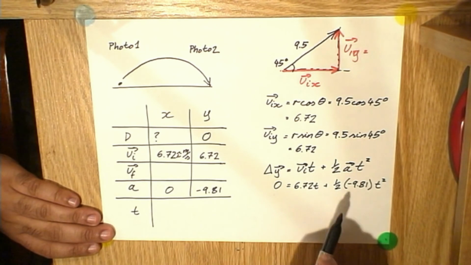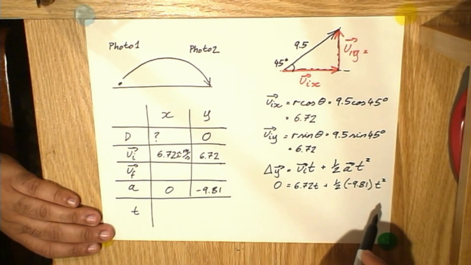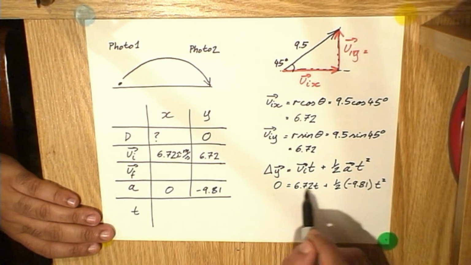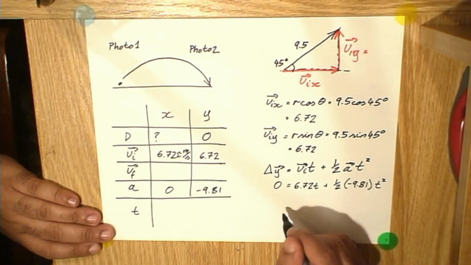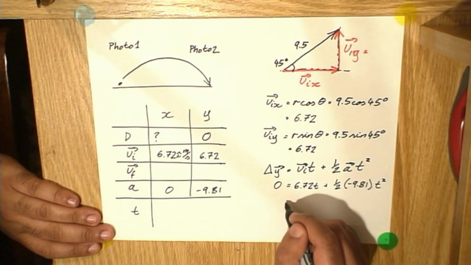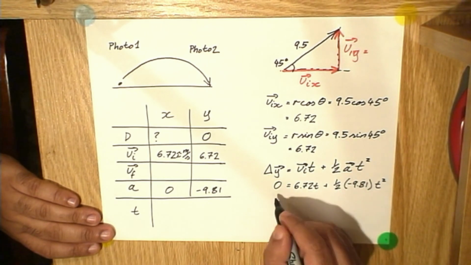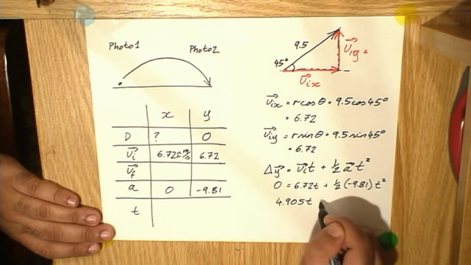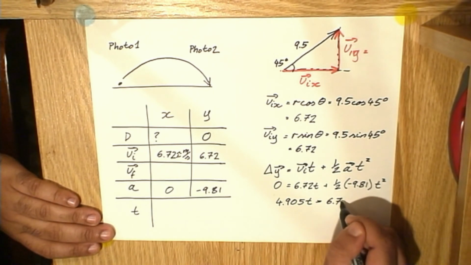So you could solve this out using quadratic formula if you really wanted to, but this is easy enough to factor. I can divide both of these terms by t, and when I do that and simplify a bit, I can move a few things around also, and I will end up with 4.905 times t is equal to 6.72.